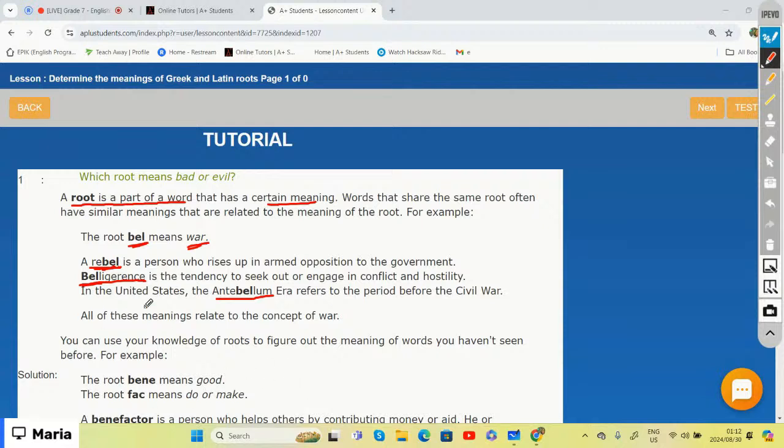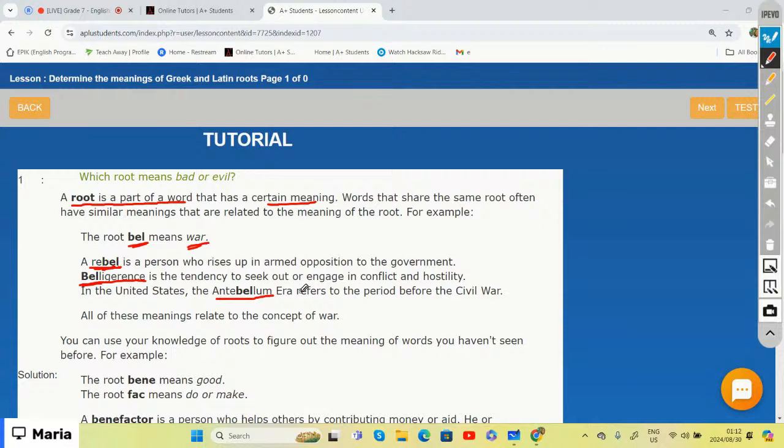If we look at all three of these words, rebel, belligerence, and antebellum, all three are related to the concept of war, and as you can see, our root bell means war. That is why roots are parts of a word that have a certain meaning, and words that share the same root often have similar meanings related to the meaning of the root.